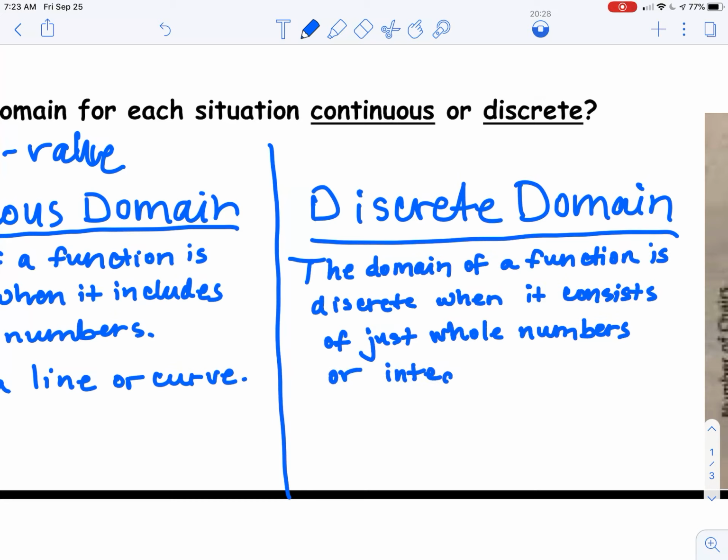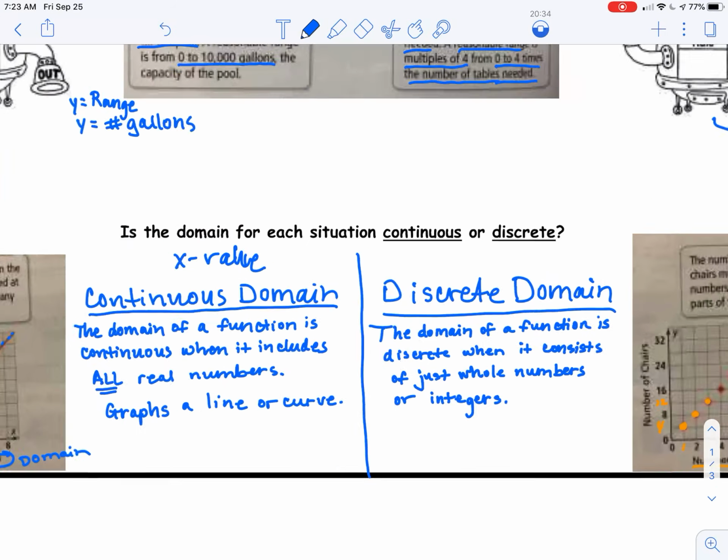And we know that integers means it can include all whole numbers and their opposites, which we know are negative.